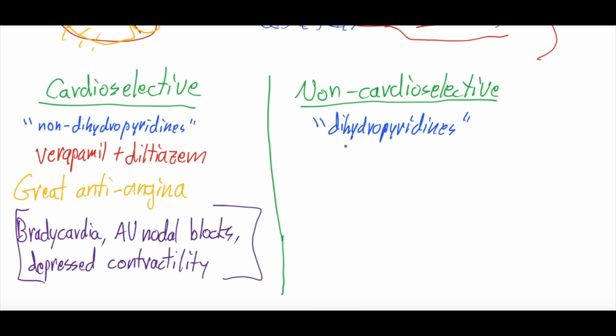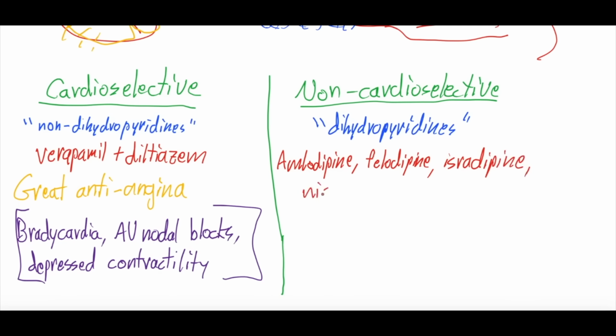Non-cardioselective calcium channel blockers, also known as dihydropyridines, are things like amlodipine, common name is Norvasc, felodipine, isradipine, which can be put down an NG tube, nicardipine, and then nifedipine, also known as Procardia.